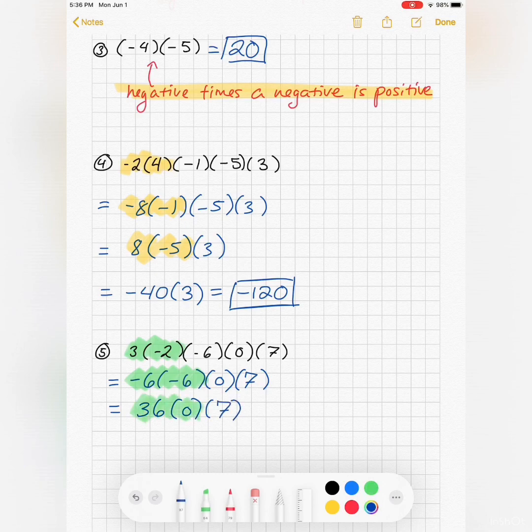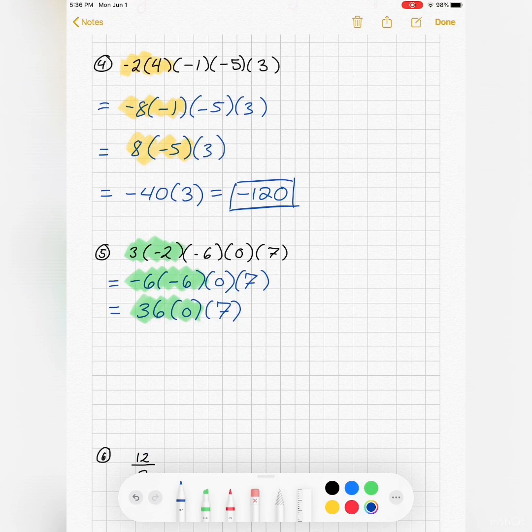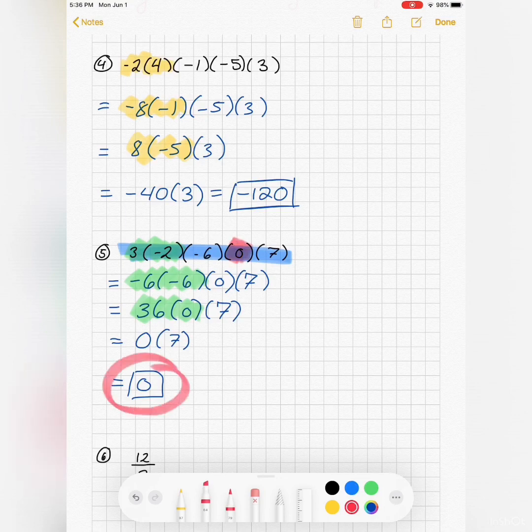Because look, if I have any number times 0, that's just 0. So as soon as I saw this problem, I can see that all these factors are multiplied together, and I have that factor of 0 in there, so I could tell you immediately the answer is going to be 0. Since all these other factors are ultimately multiplied by 0.